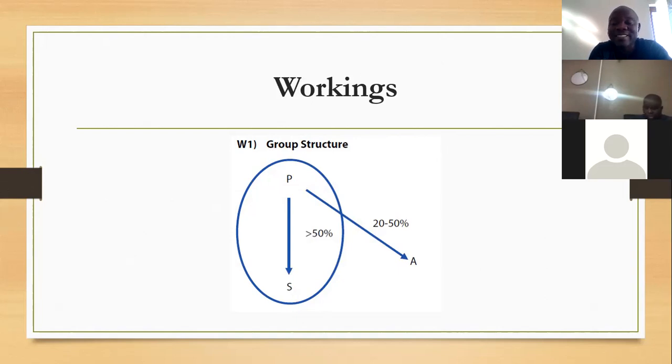The second component of computations would be on the net assets in the subsidiary. You may be wondering, when you're looking at the net assets in the subsidiary, you are focusing on the equity component, which is correct because you don't want to pick those assets. The equity component is basically the net assets.